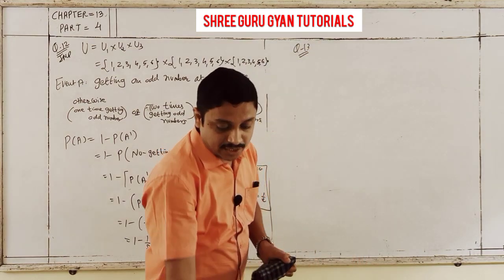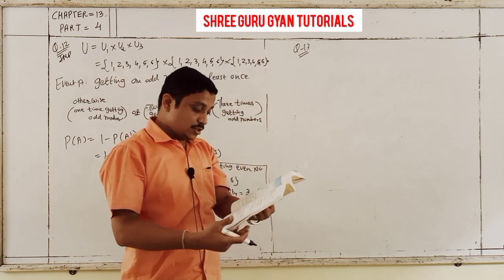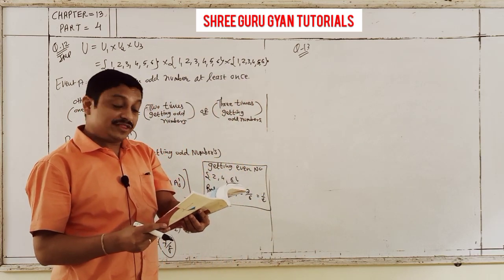Now question 13. In a box there are 10 black and 8 red balls. Out of the total of 18, 2 balls are randomly selected with replacement.